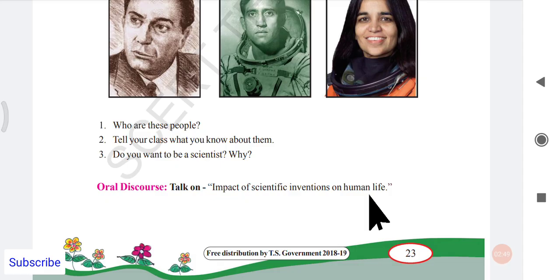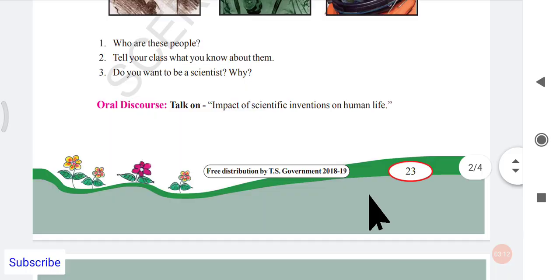You can talk about the difference between human life far back, the people who lived without mobiles or any electricity, and the people who are using electricity, mobiles, technology, communication and everything. There is a lot of difference and a lot of impact also. So please talk about that in your classes.